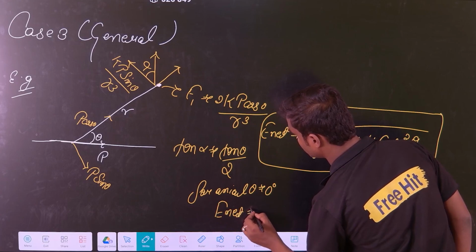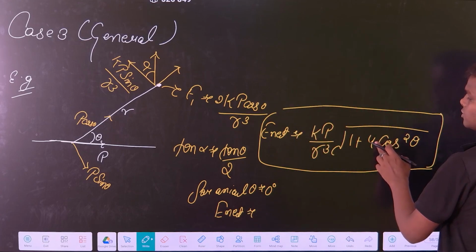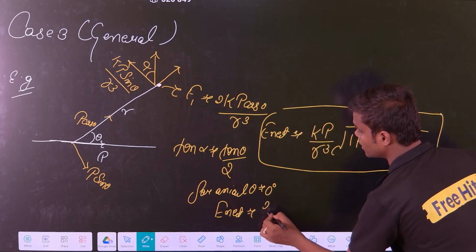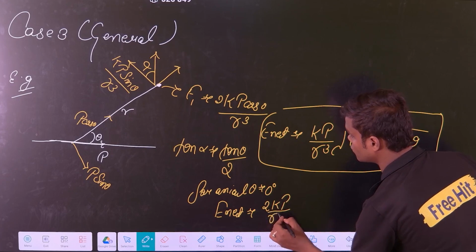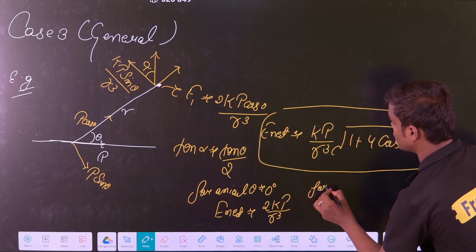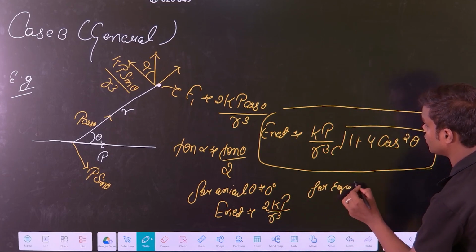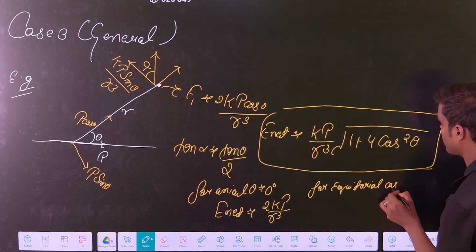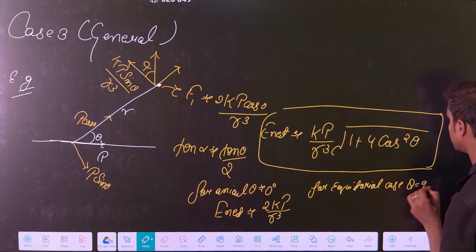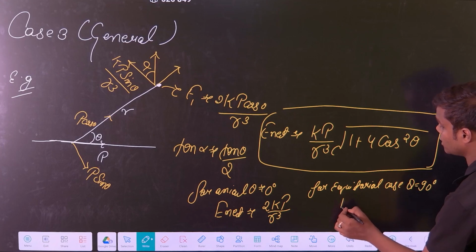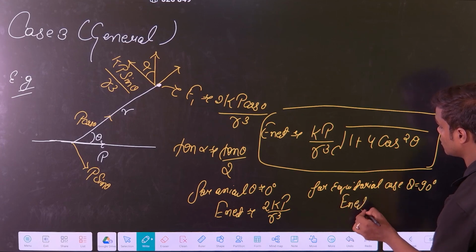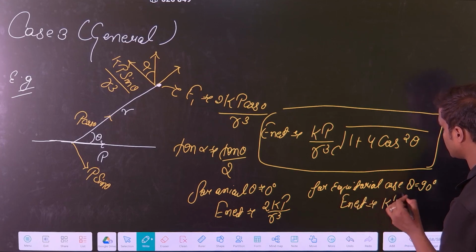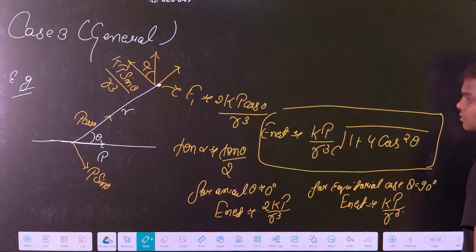If you keep theta equal to 0 degree, this will become 2. You will get 2kp by R cube. Similarly for the equatorial case, theta is 90 degree. So my E net will be how much? kp by R cube. Clear?